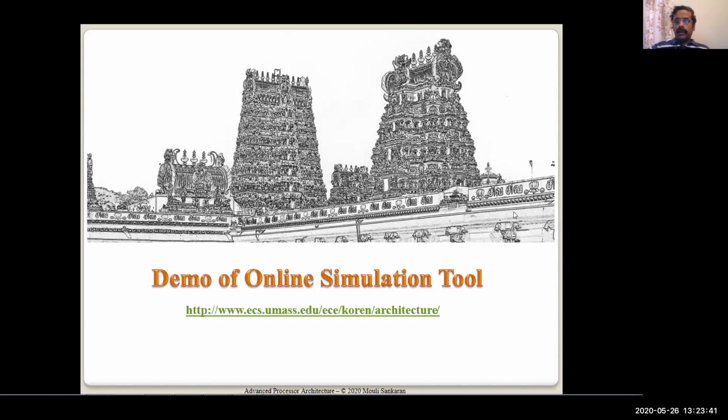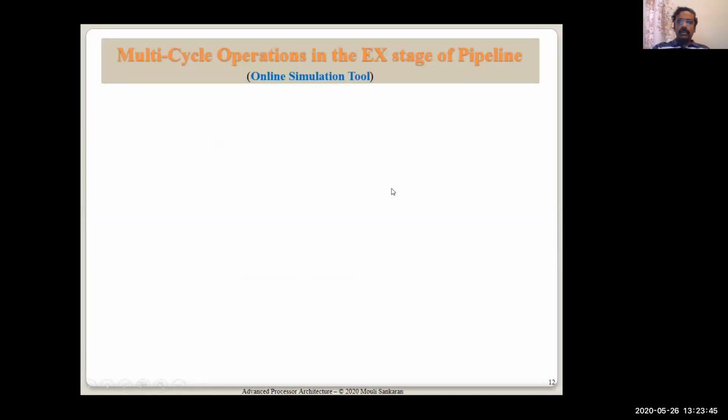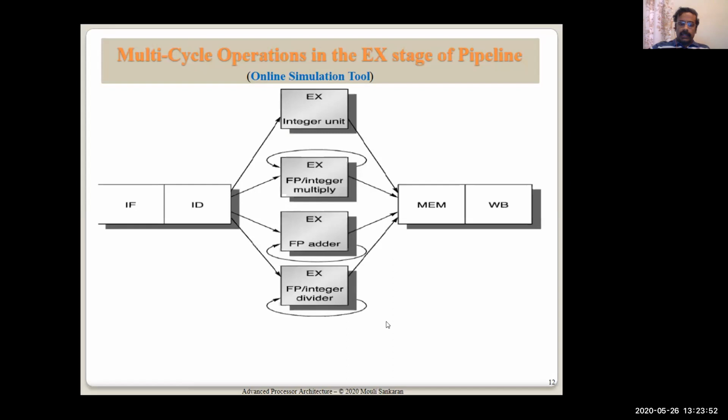Before going into the tool, let me explain another concept you are supposed to know. This is the same pipeline which I showed you, except that the EX stage, the execute stage, is replaced with multiple units.